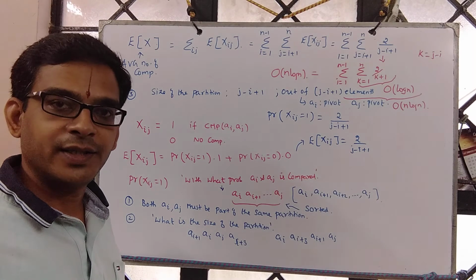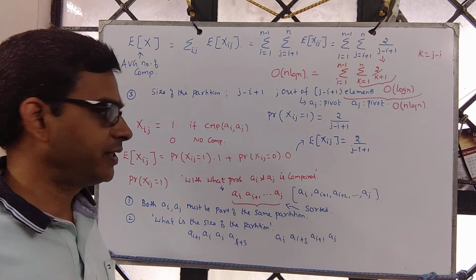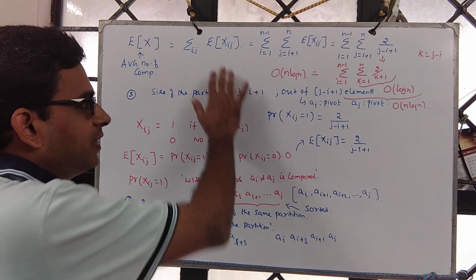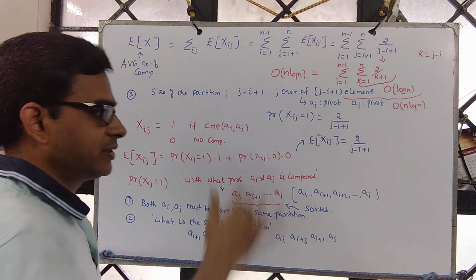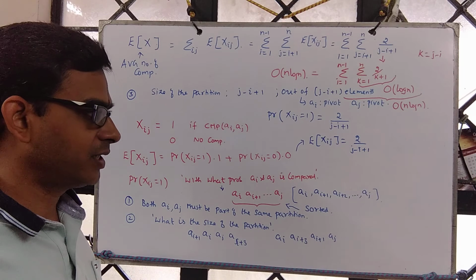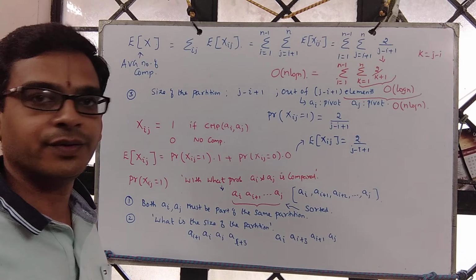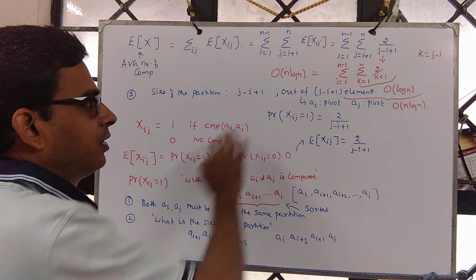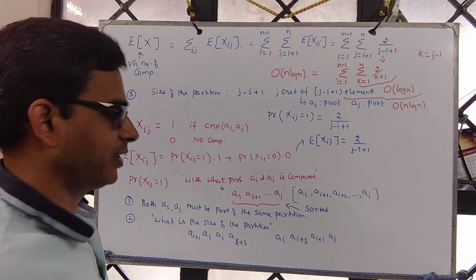Once you look at the expected cost for all possible indicator random variables, that will essentially tell you the expected cost of the underlying algorithm, or the expected cost to sort a1 to an. So that's precisely what we have done. On simplification, we get order n log n.